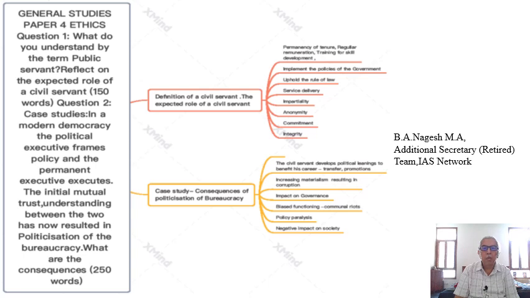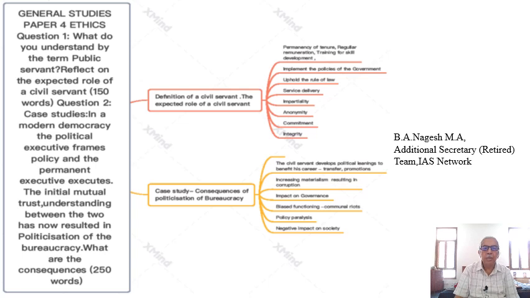Now, what is the expected role of a civil servant? First, implementing the policies of the government. The civil service is a part of the permanent executive. So what does the permanent executive do? It implements the policies of the government. The government lays down the policies; implementation is done by the civil service.